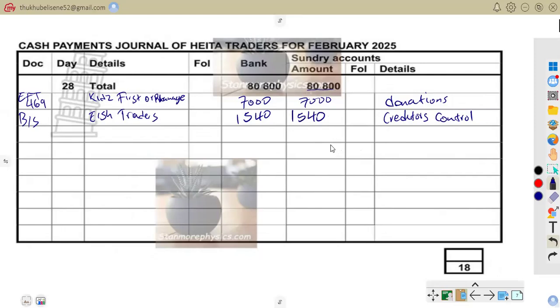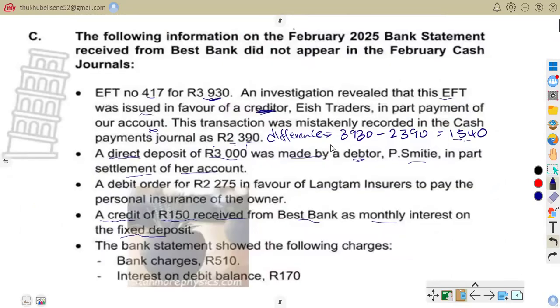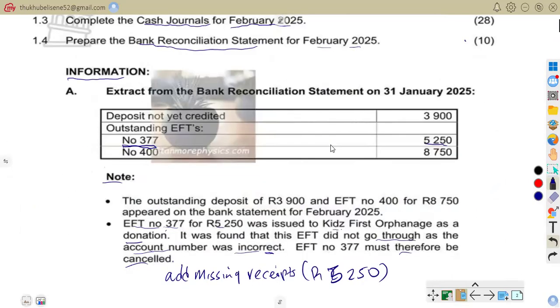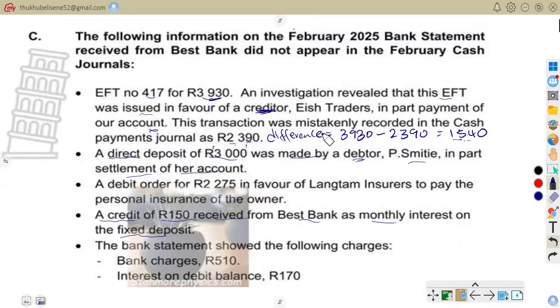So that is that. Now let us move on to other transactions that do affect our cash payment journal. Now we can see that information A and B doesn't have anything that goes to the cash payment journal. So we can now look at C to see if C has anything.